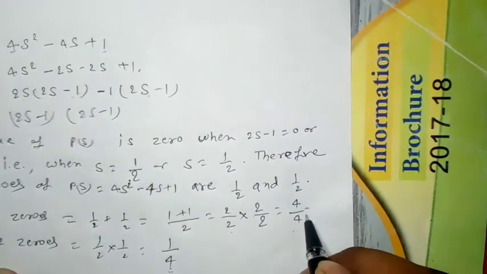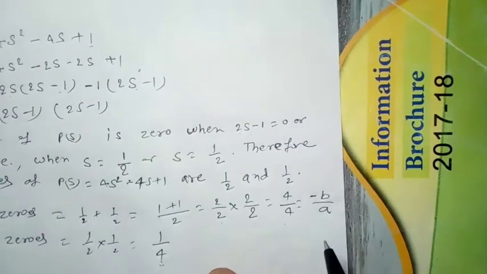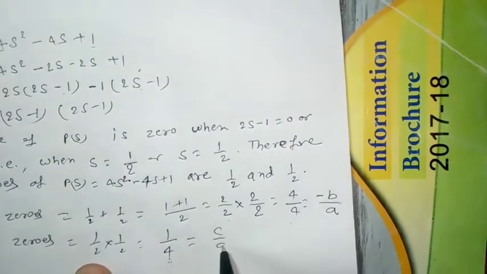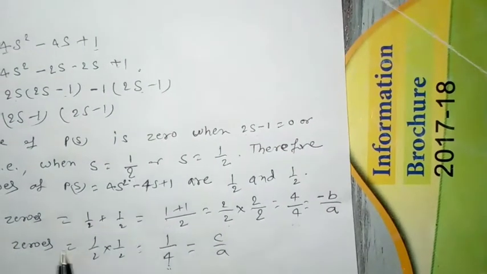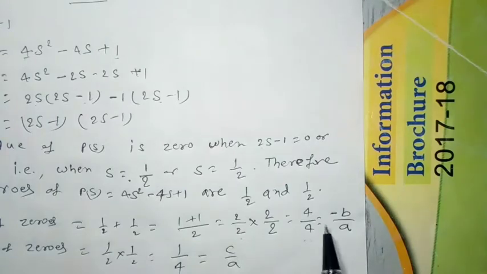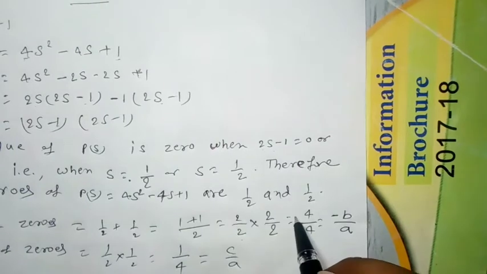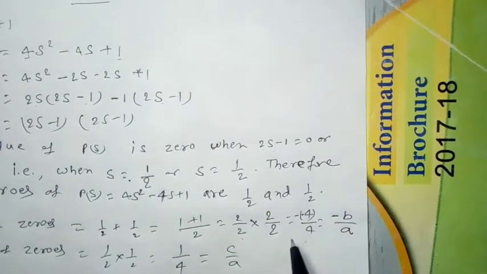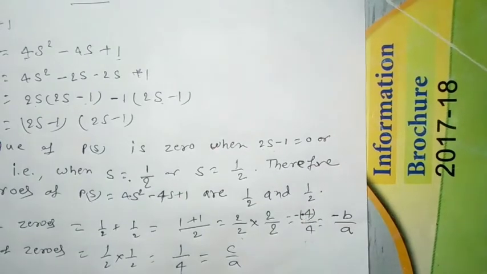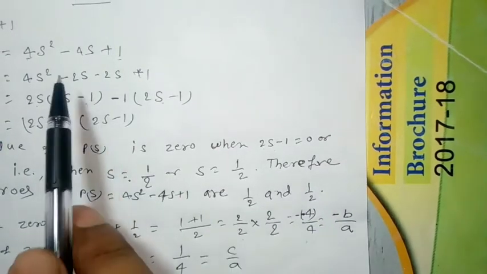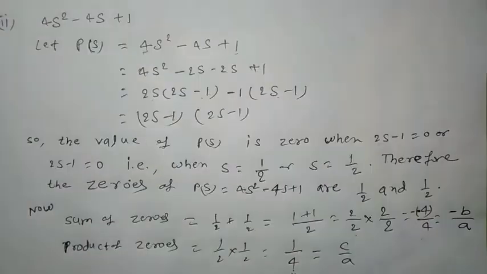So I write here minus b by a and here c by a, because 4 is the coefficient of s square, and minus 4 is the coefficient of s. So b is equal to minus 4, c is equal to 1. So this is true.